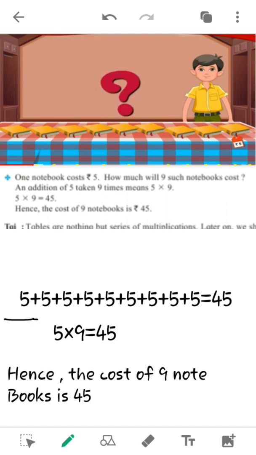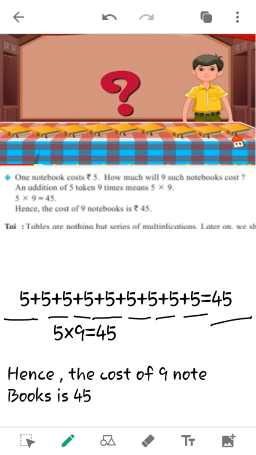5 plus 5 plus 5 plus 5 plus 5 plus 5 plus 5 plus 5 plus 5 is equals to, if you add this, we will get the answer 45.